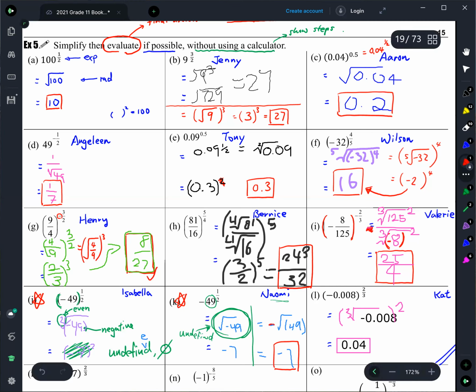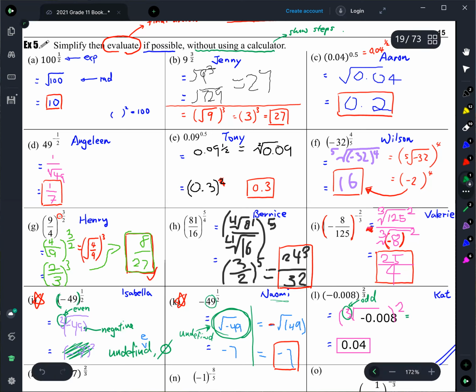All right, the last one. That one, the negative is inside, and you have an odd root. So odd is okay to have a negative on the inside. So this one is not undefined. We can add one more step though.